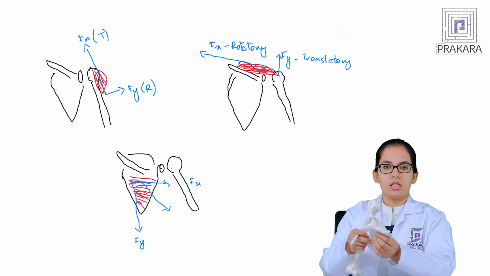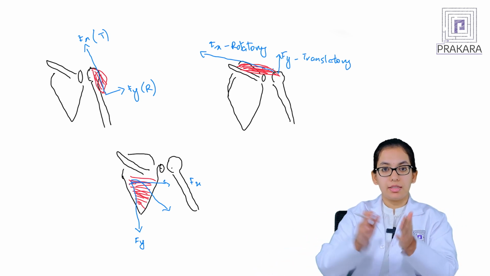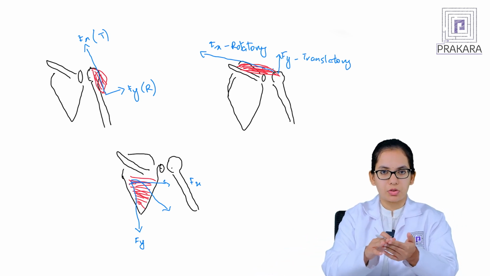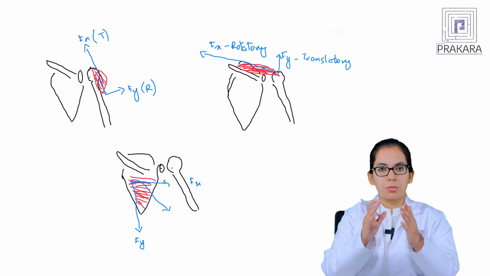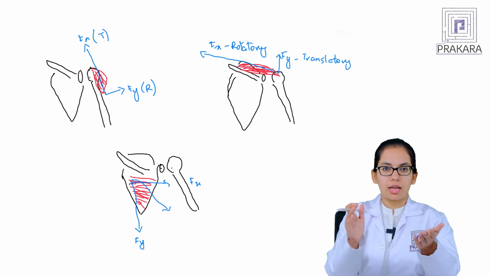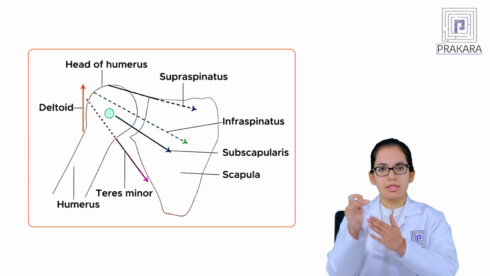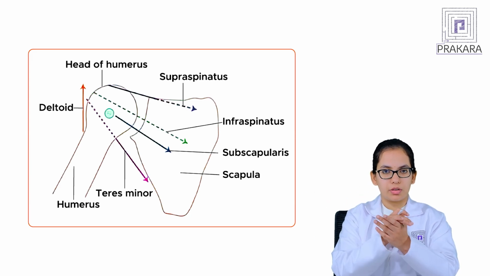So to summarize all of this, dynamic stabilization is needed during elevation activities of the shoulder. The elevation is primarily caused by the supraspinatus and the deltoid because of their action lines. Deltoid is creating a translatory force, supraspinatus is creating a compressive or rotatory force.